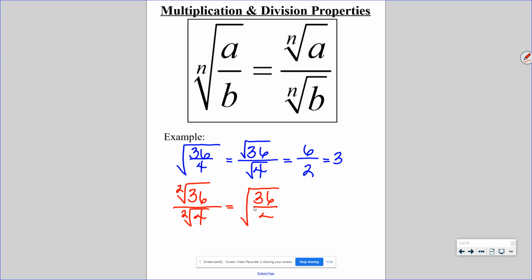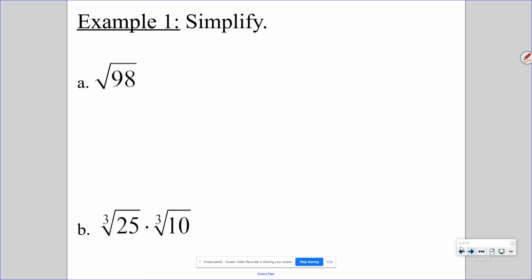I could put it back into a fraction all in one big radical sign, and then I could divide the numbers inside the fraction, and 36 divided by 4 is 9, right? And then I could simplify from there and say square root of 9 is equal to 3. So we're going to look at some examples of simplifying radicals and a couple of examples of using these properties.